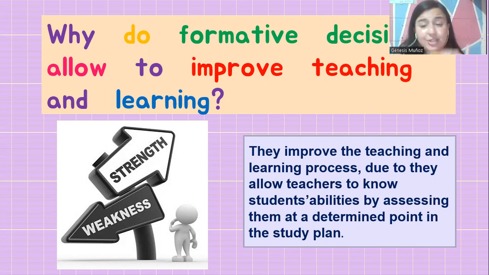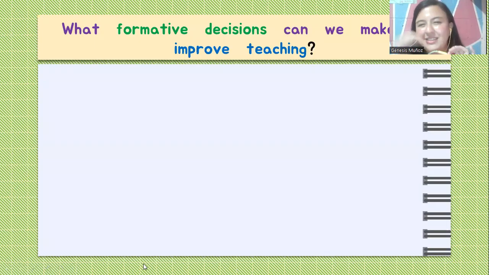And that could help students too, because in that way they could be conscious of their strengths and their weaknesses and work a little bit more on that. And that is also another reason why giving feedback to students is very important.